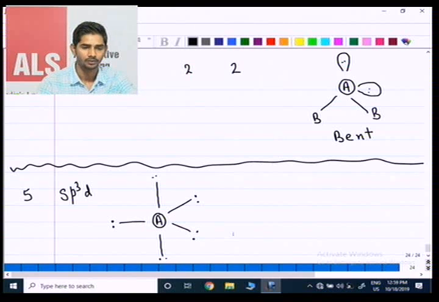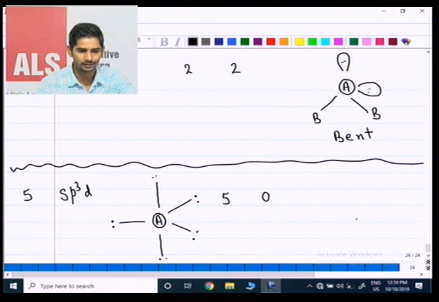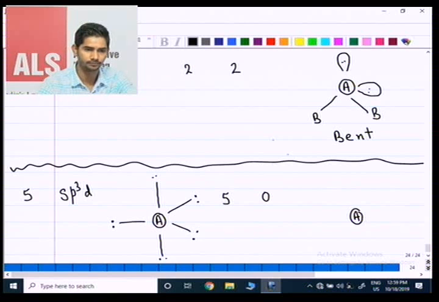Okay. So the first case where bond pairs are 5 and lone pairs are 0, in that case it will look like this.